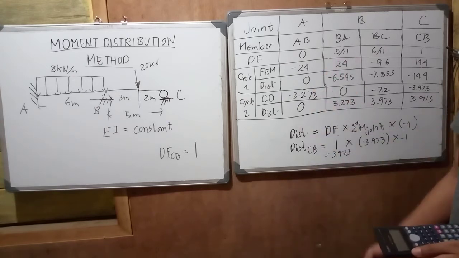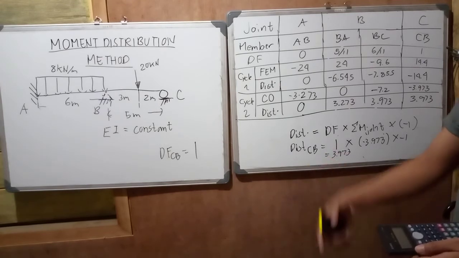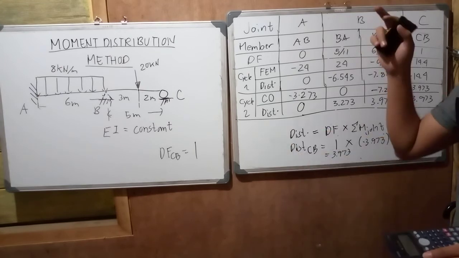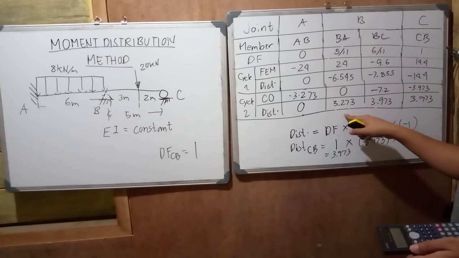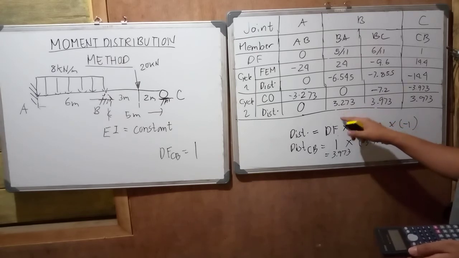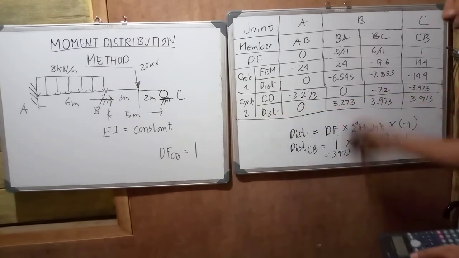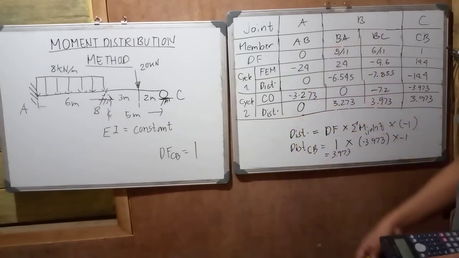Kasi, in order to get the exact formula, although may mga pagkakataon na accurate siya, pero in most cases, meron siyang error na konti. Kasi, para maging accurate siya, dapat itong si distribution, 0 to lahat sa hulihan. Okay? So, dahil hindi siya 0, pwede nating dagdagan ng another cycle.